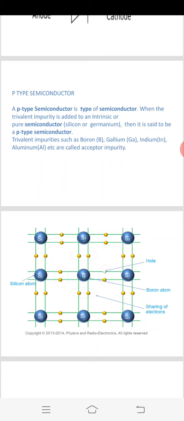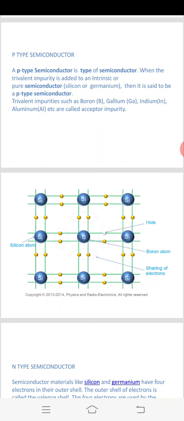For protection of the device we use silicon, because it can handle higher temperature. So an intrinsic semiconductor is pure silicon, as in the diagram.